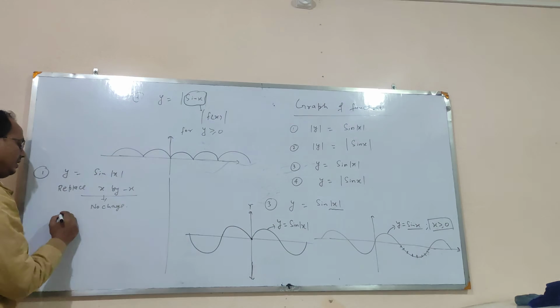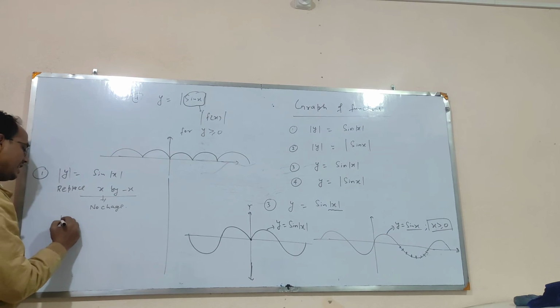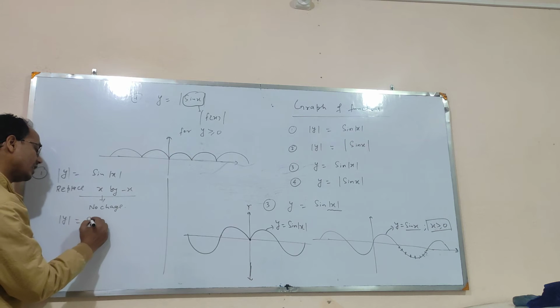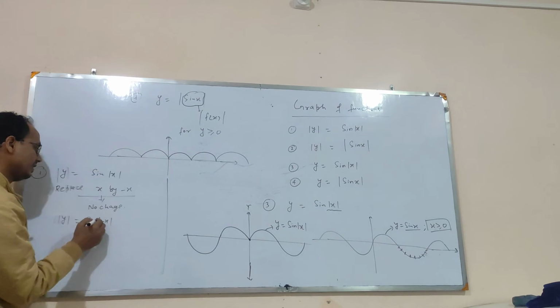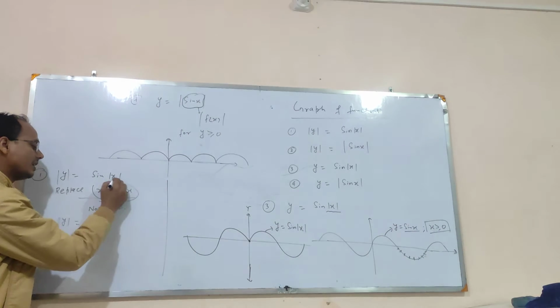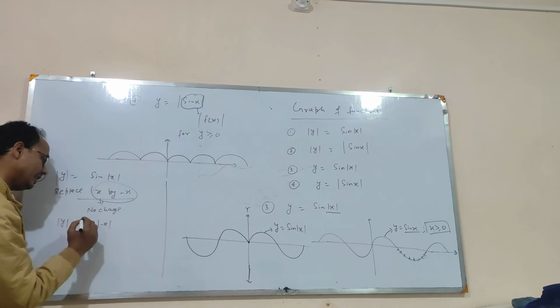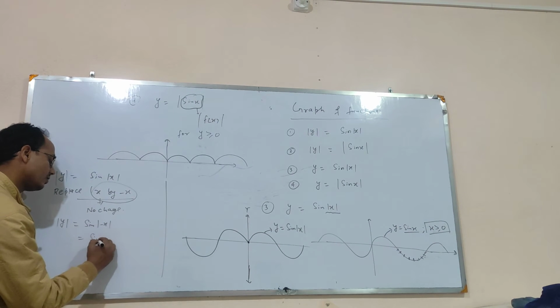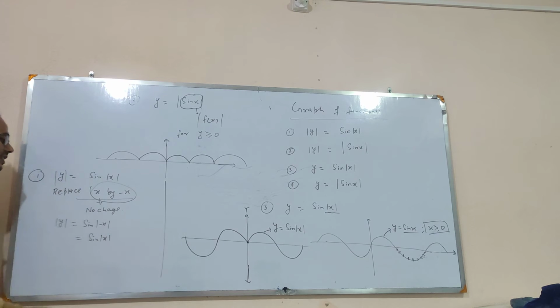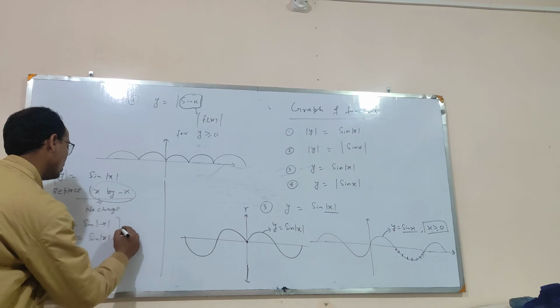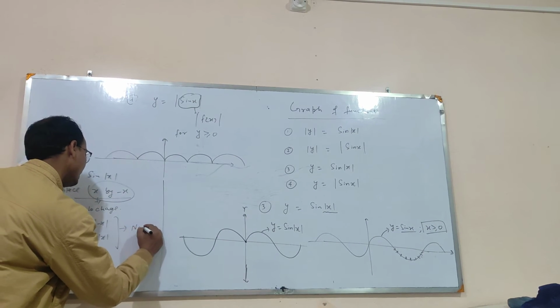For example, here we are having mod y equal to sine of mod minus x. X is being replaced by minus x, but this mod will eliminate the minus sign. So we will get the same thing. Here we do not have any change.